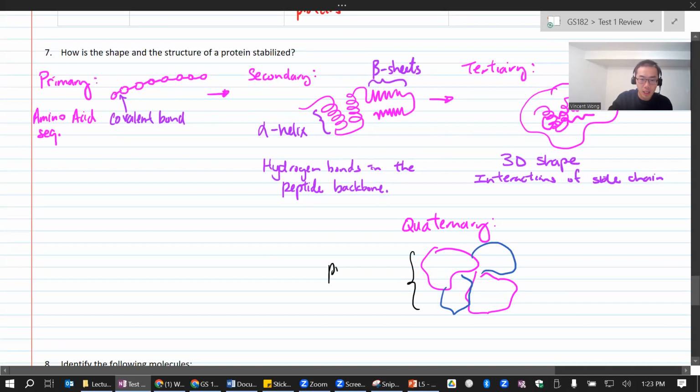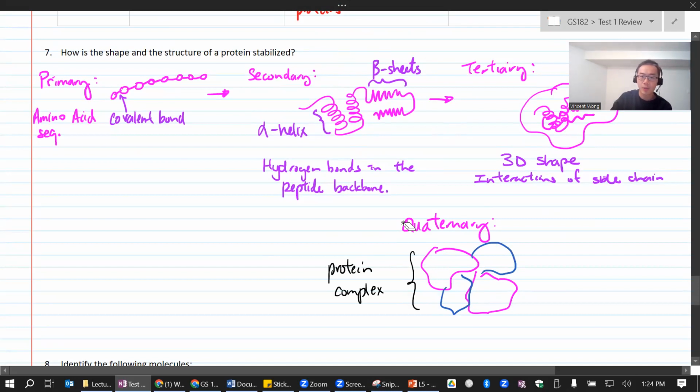This is a protein complex. Right? Like hemoglobin, has 4 parts to it. Right? Individually, the protein subunits are not functional on their own. They need to work together. Right? So that's quaternary structure. Not all proteins are going to have it, only some.